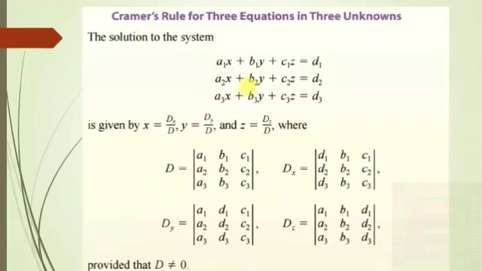Cramer's rule for three equations in three unknowns is given by this solution of the system. These are three simultaneous equations in variables x, y and z. You might have studied this in mathematics. And the solution for this set of simultaneous equations is given by x is equal to dx by d, y is equal to dy by d, and z is equal to dz by d.